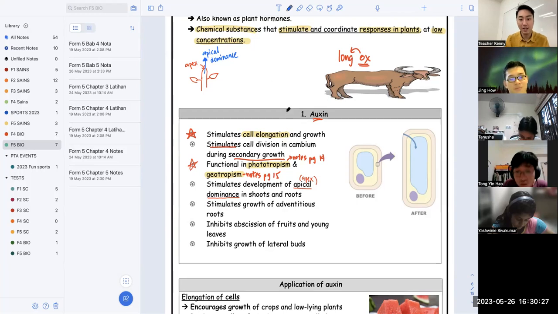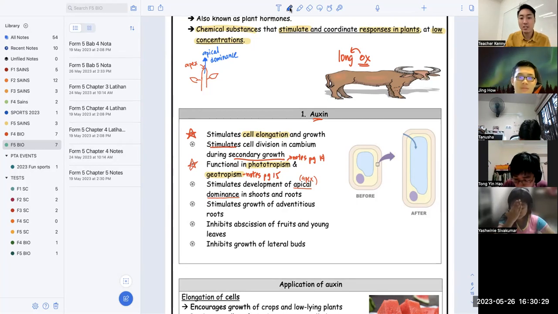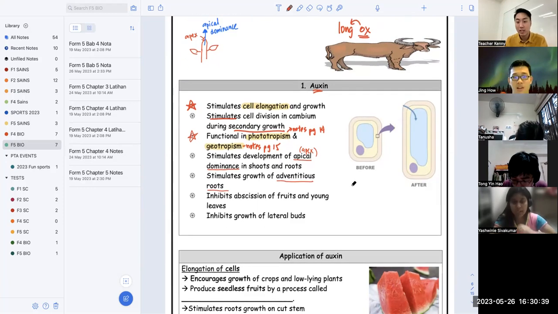Next up, stimulates the growth of, pronounce this word, adventitious roots. What are adventitious roots? Now, let me ask you, usually where are the roots located? Underground, correct?